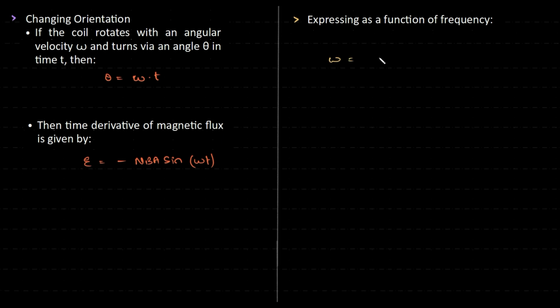Omega can be expressed as 2 pi f. And so we have this to be NBA sine 2 pi f t. Okay, so higher the frequency, higher the EMF induced. Makes sense.